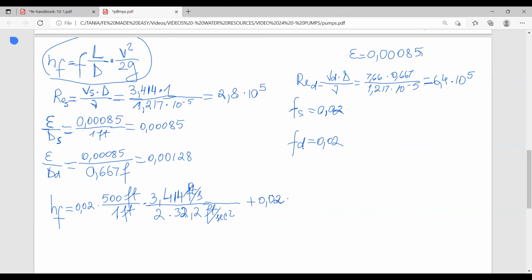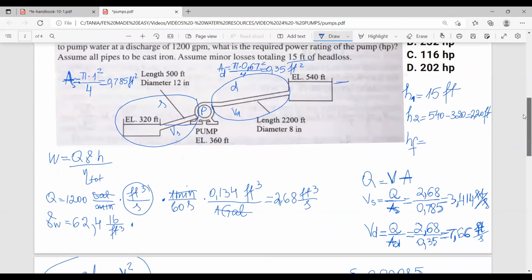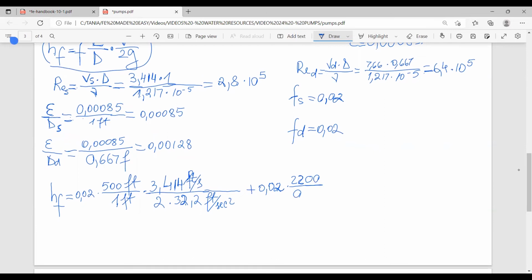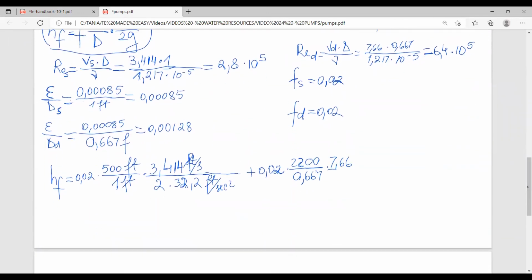times L at the discharge is 2,200 feet over 8 inches in diameter, which is 0.667 feet, times velocity in discharge is 7.66 squared. We'll not add the units because it's too messy. Times 2 times 32.2 equals.